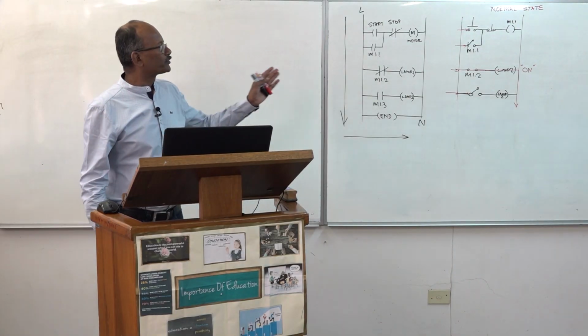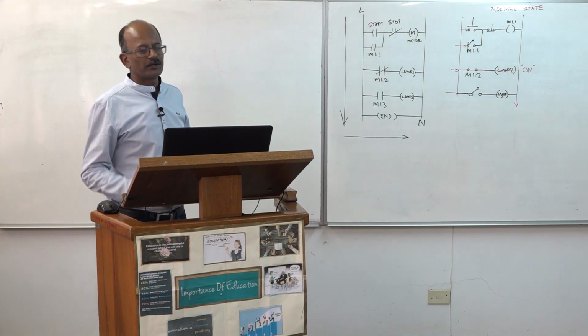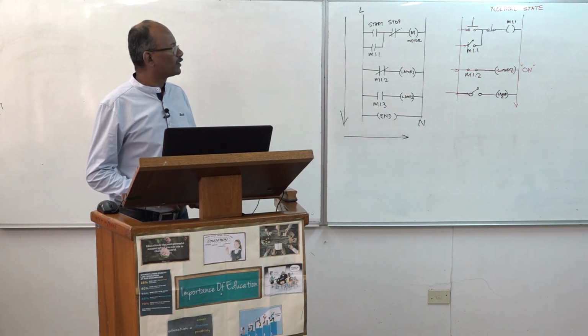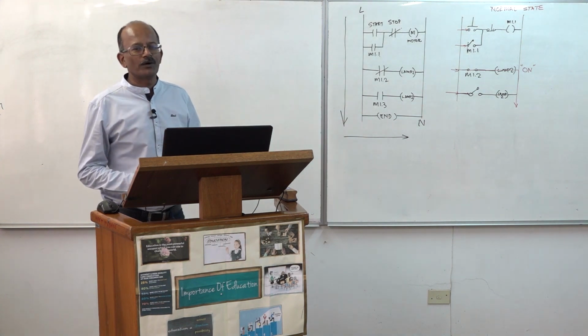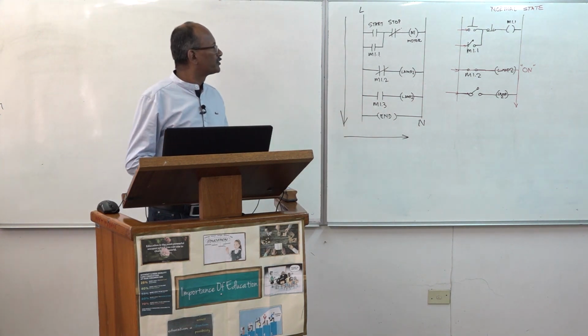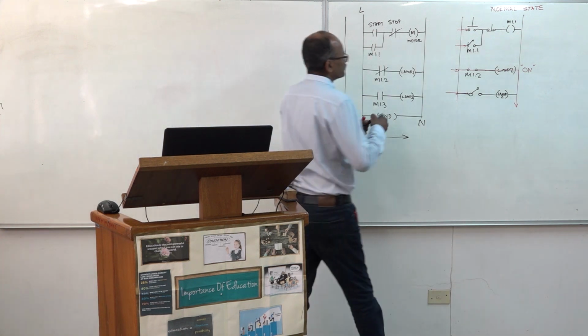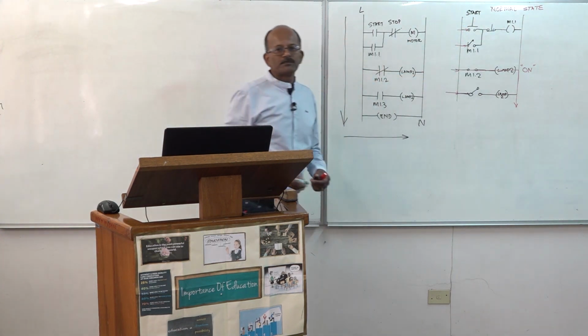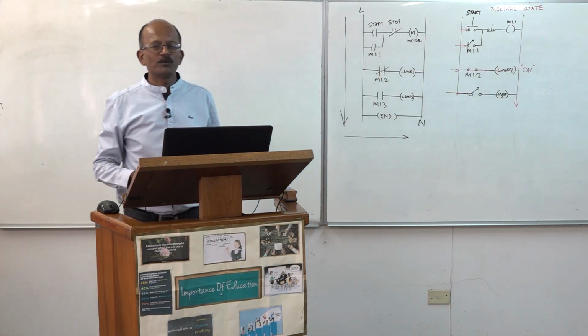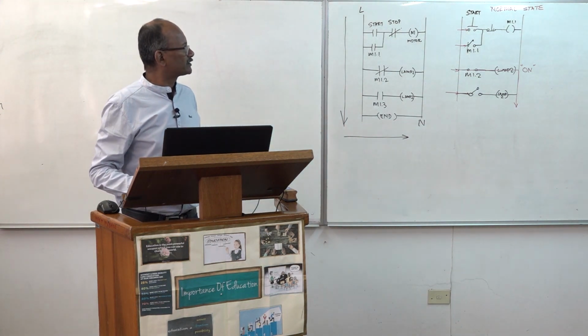Okay? I can now proceed to answer any other questions that are asked about that particular circuit, whether they ask you to explain the operation, or explain what would happen if the start button is pressed, or explain what happens if M1.1 doesn't energize, etc.